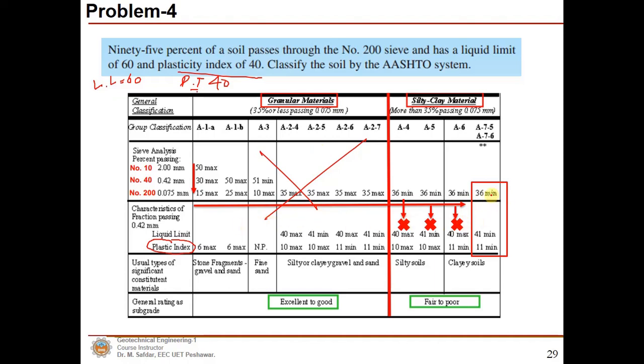Now you can see that 36 is minimum for the number 200 sieve, that's okay. Then 41 is minimum for the liquid limit, here is the 60, so that's also yes answer. Plasticity index is 40, 11 is minimum here, so that's also okay.